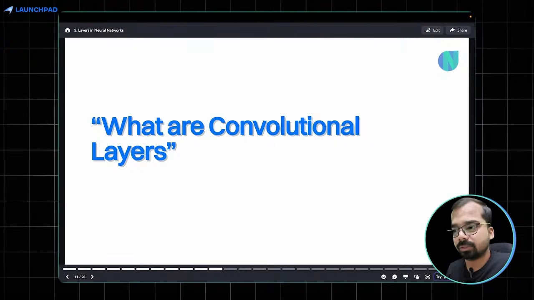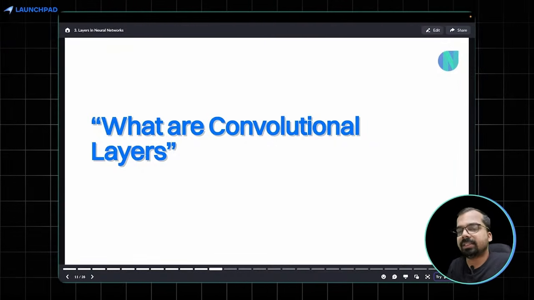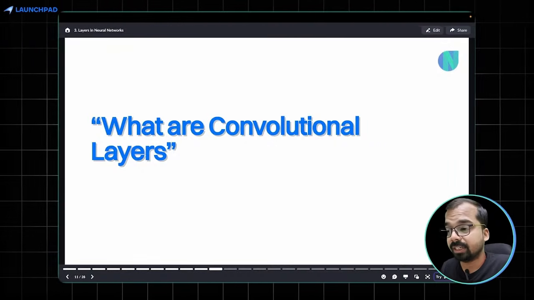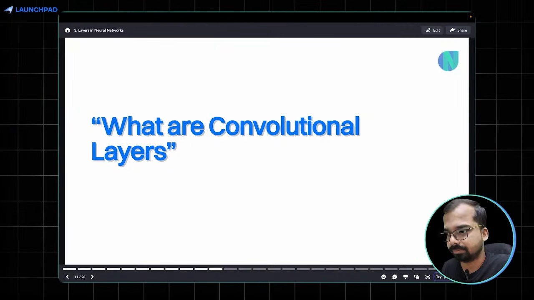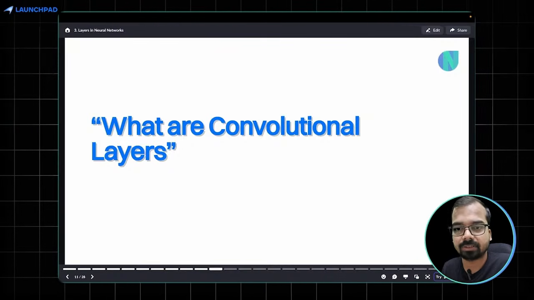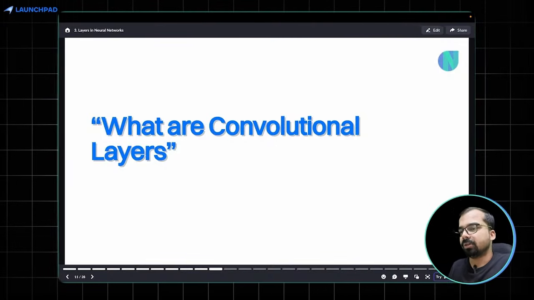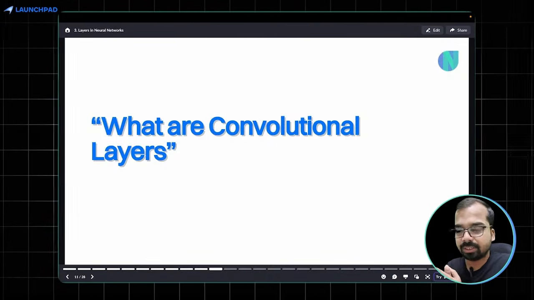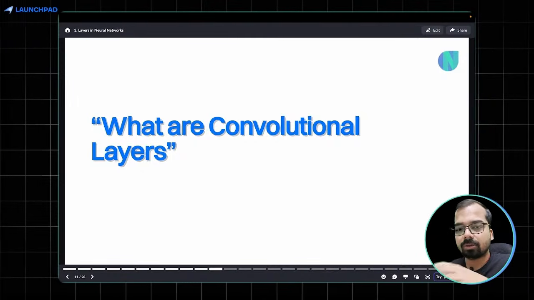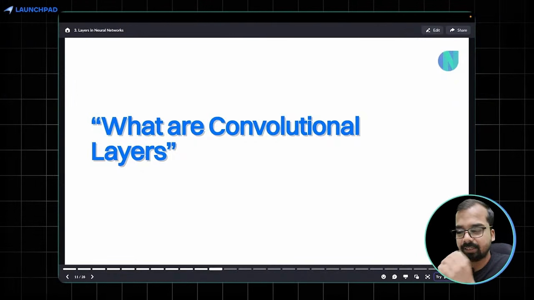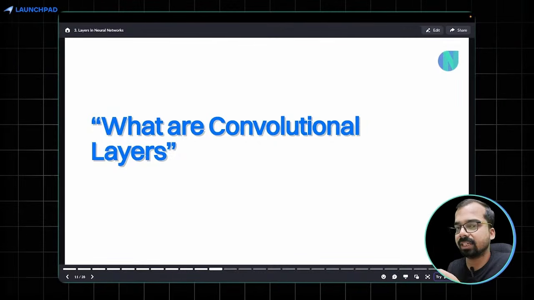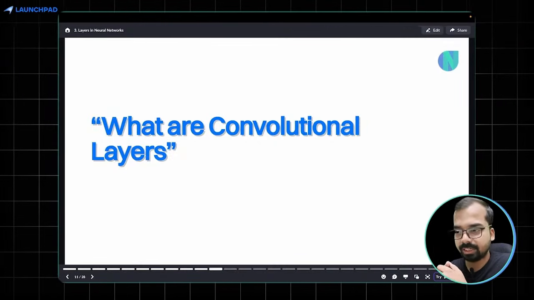What are convolutional layers? Convolutional layers are used in cases where we are dealing with visual representation, for example image classification. They are quite useful in those scenarios because images are represented as a matrix of pixel values, and each pixel value gives us the intensity of that particular color.